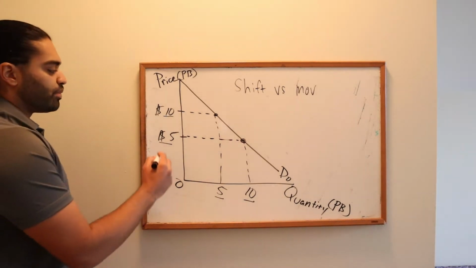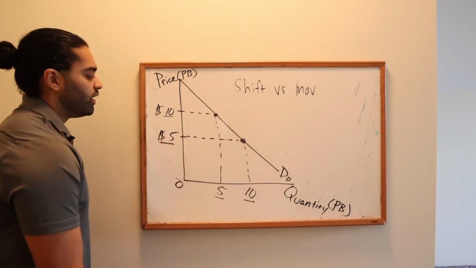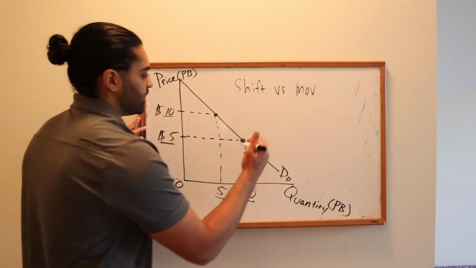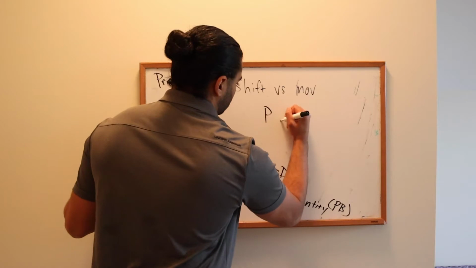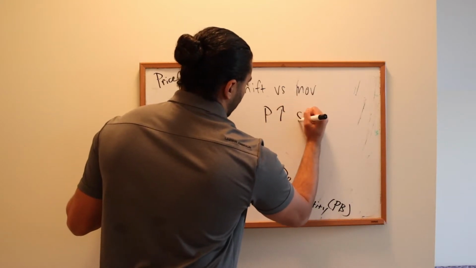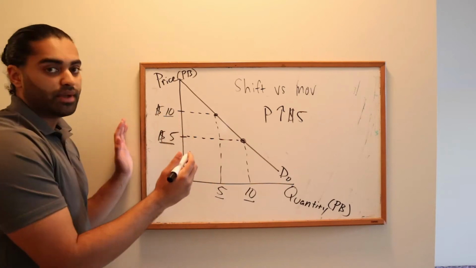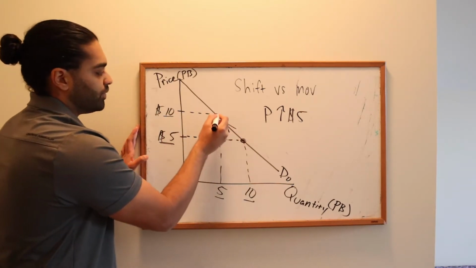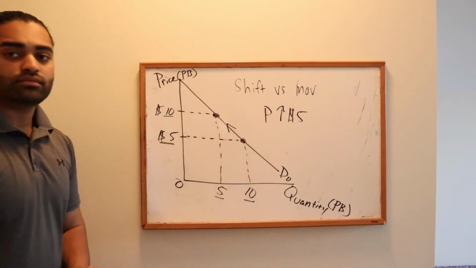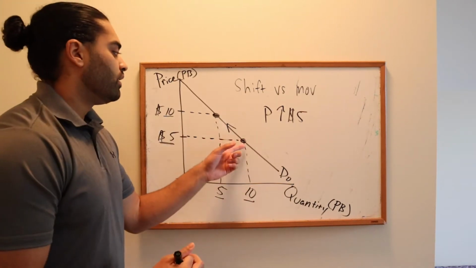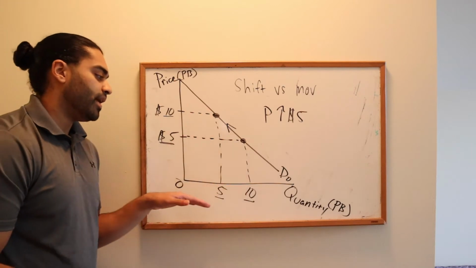So if I initially say the price of peanut butter is $5, the only thing that can cause a movement up or down this curve is a change in price. If I say the price increases by $5, so now our new price is $10, it's not going to be a shift, you're just moving up this curve. So if there's an increase in price, our quantity demanded is going to decrease.